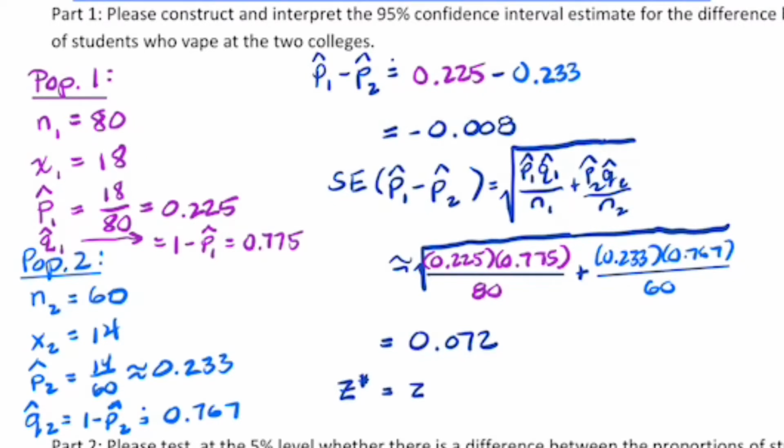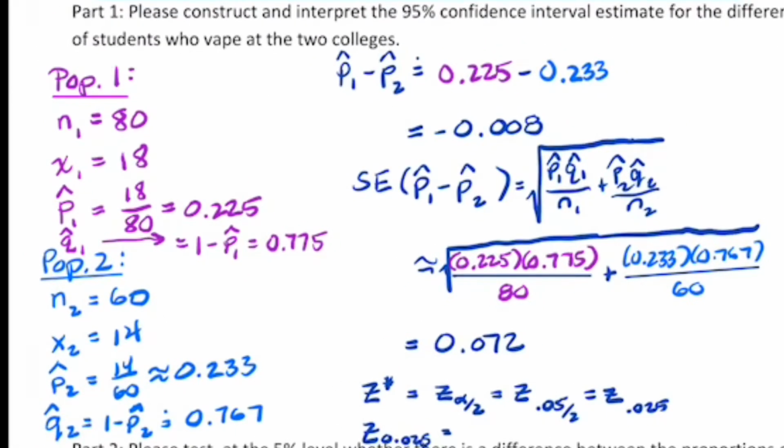So this would be Z alpha over 2, but alpha is 0.05, and so we would get Z sub 0.025. What does that mean? Z sub 0.025 means that we're looking for the z-score that corresponds to a cumulative area of 0.975 on the standard normal distribution.